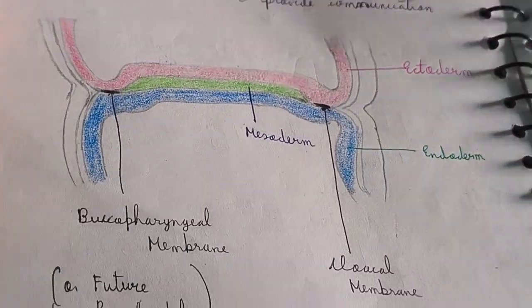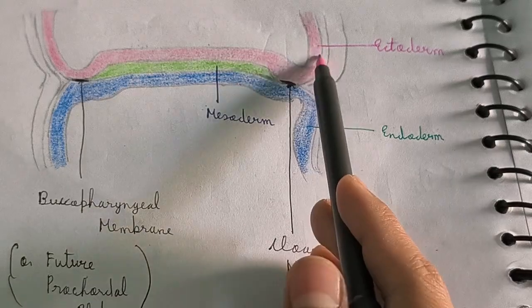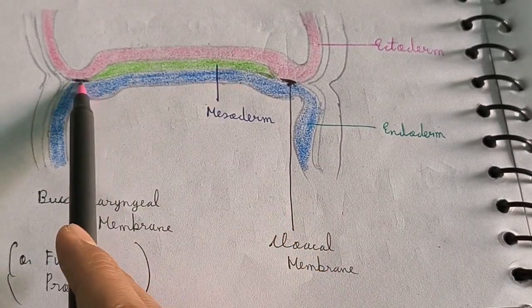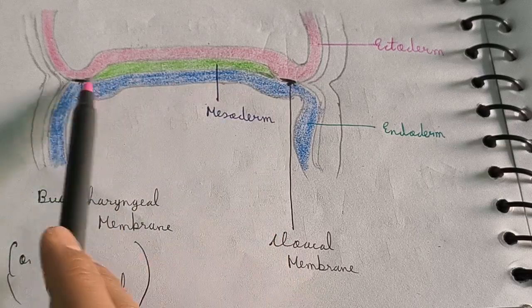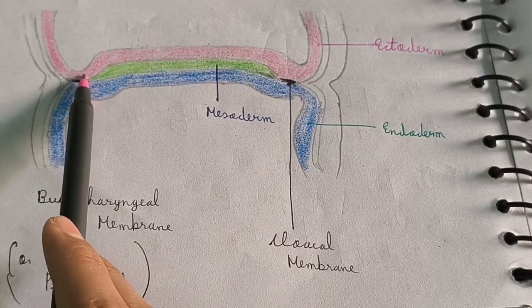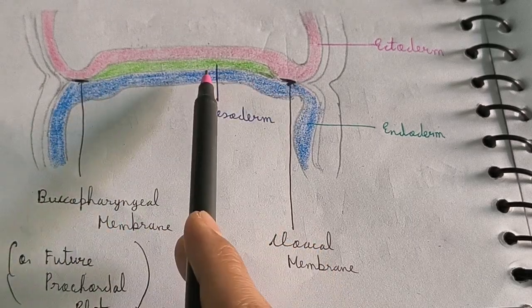Now, this is the rough diagram for imagination. Here you can see this is the ectoderm, this is the mesoderm, and this is the endoderm. But you can notice these are the two regions where the ectoderm and endoderm are in direct contact with each other, and mesoderm is absent.